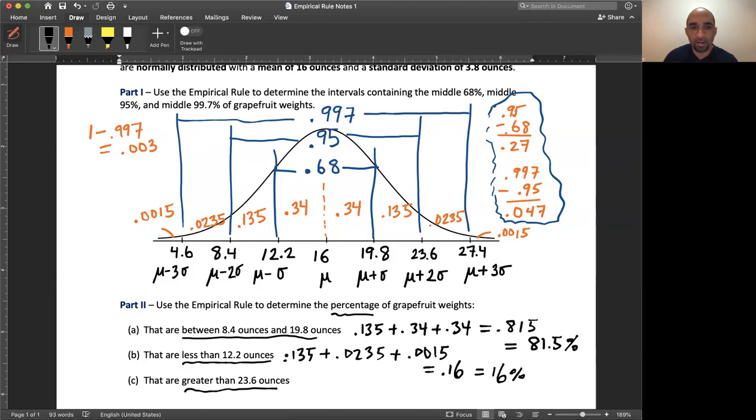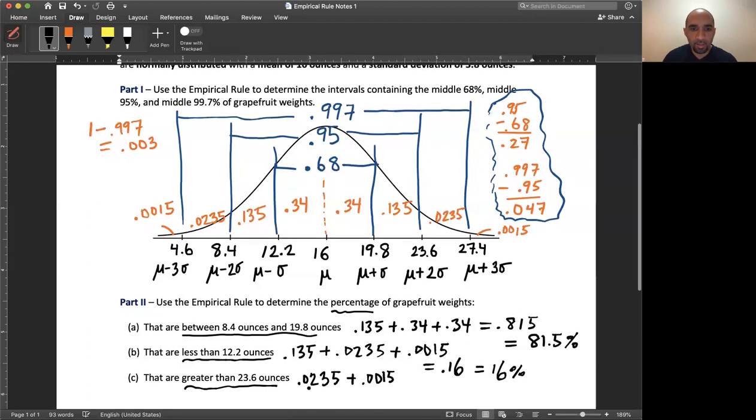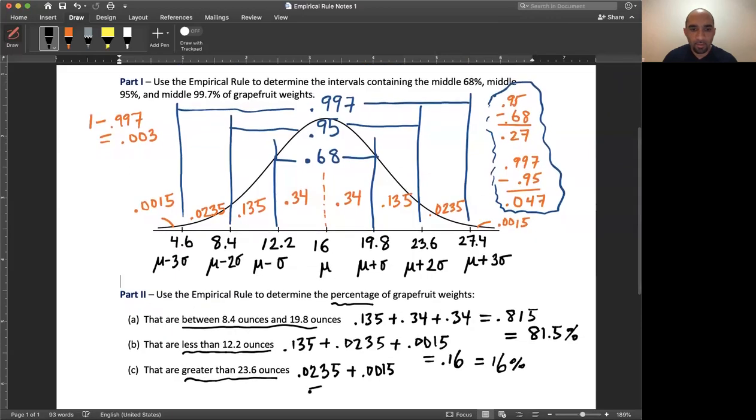You see, we're always adding up the percentages corresponding to intervals of interest. When we add these together, we get 0.025, which is 2.5%.